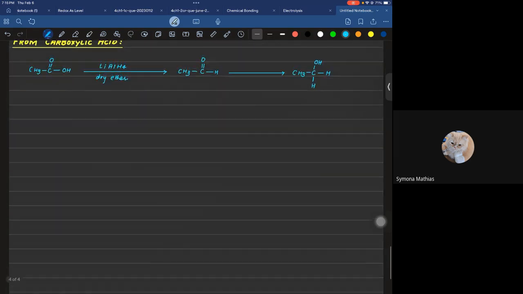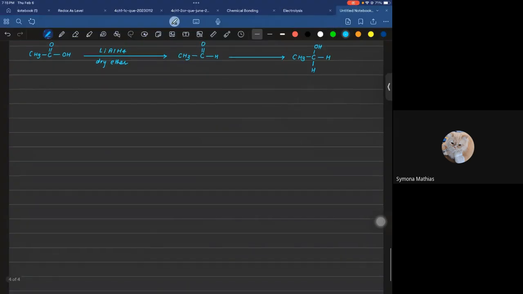Okay, and we can also prepare alcohol from fermentation. Hopefully you people know fermentation.